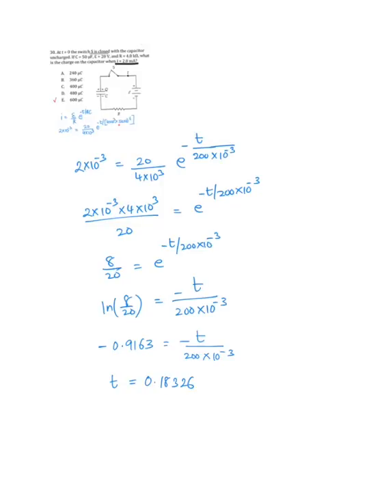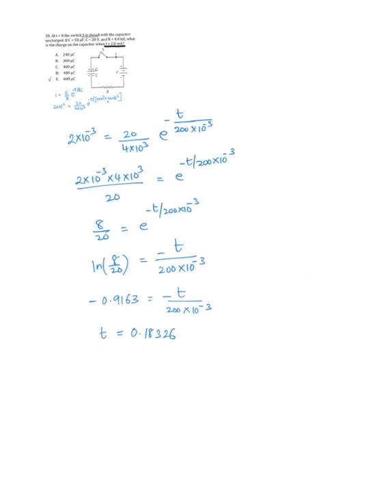Okay, so now that's the time. We have to find the charge. So Q is equal to Q max times 1 minus e to the power negative t over RC. Now I have to go back and forth: C is 50 microfarad and E is 20, because Q max will be CE.